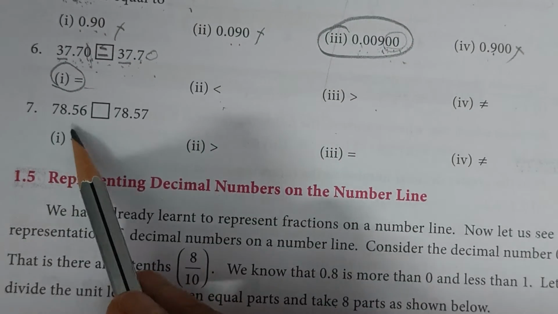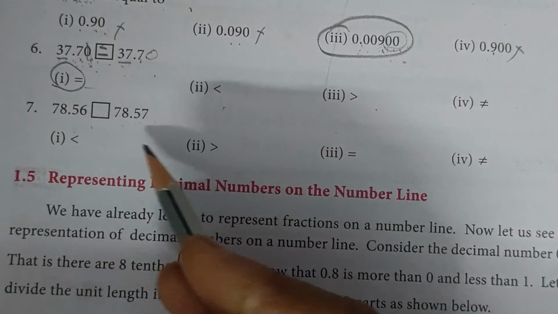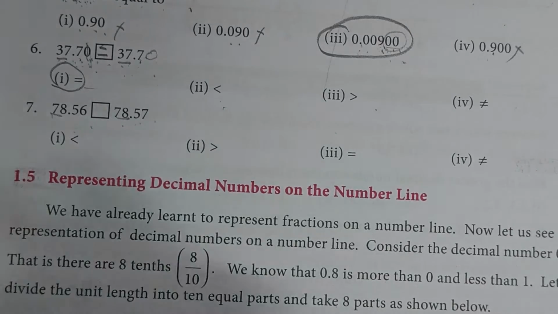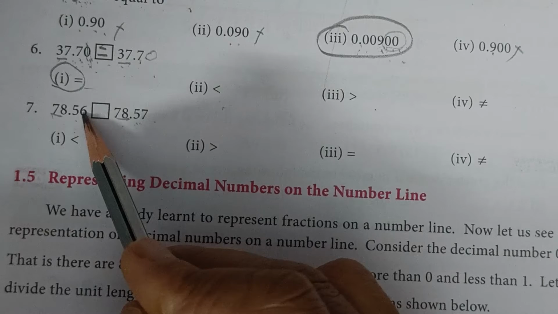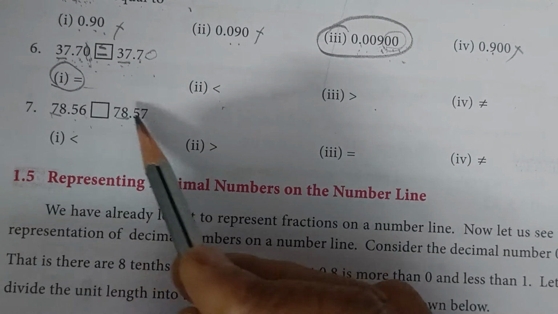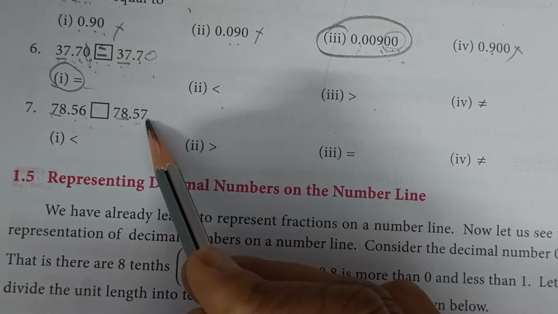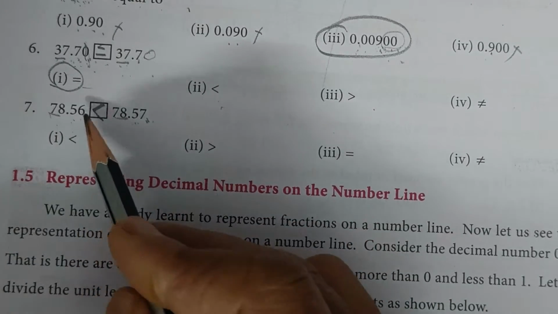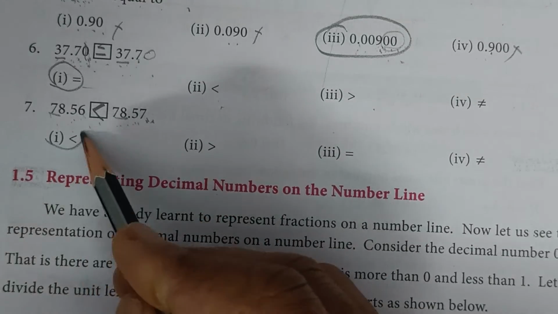Next is 78.56 and 78.57. As you read the numbers, we can find 78, 78, both are the same. 5/10th, 5/10th equal. 6/100th, 7/100th. Which is greater? 7/100th is greater. So 78.56 is less than 78.57, the less than symbol.